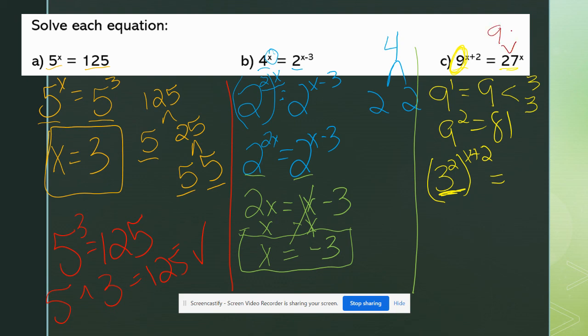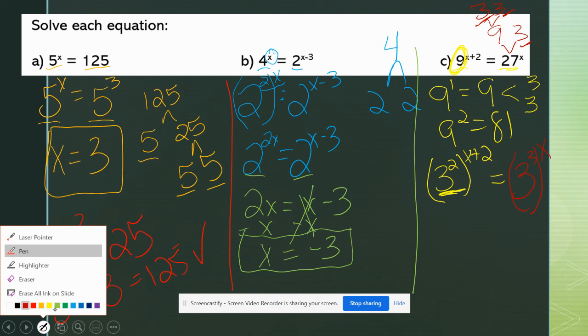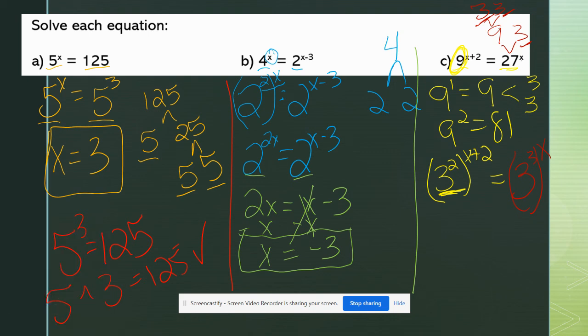Well, 27 is 9 times 3, and 9 is 3 times 3, so there's 1, 2, 3 threes. So 27 is the same as 3 to the third, and 3 to the third goes where the 27 is. We still have the x.